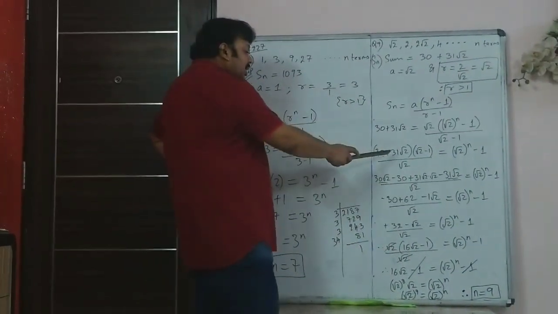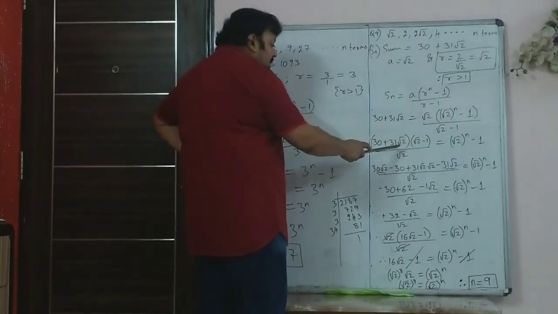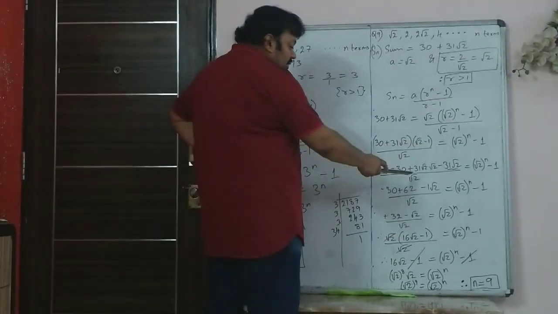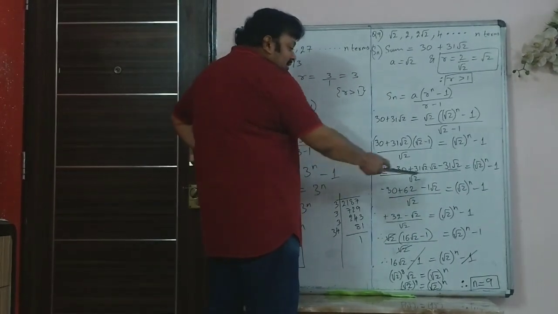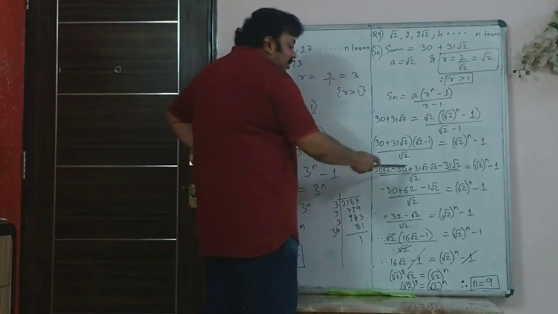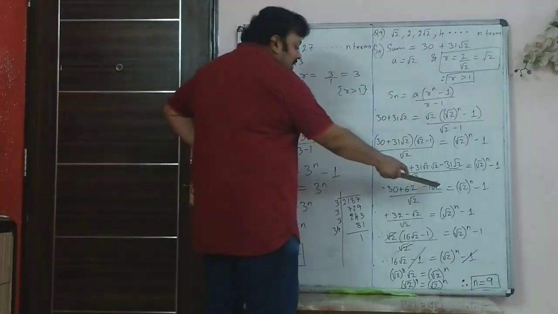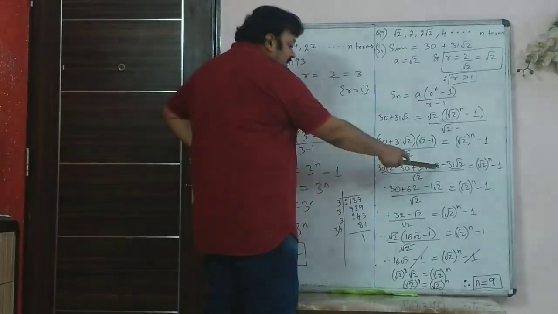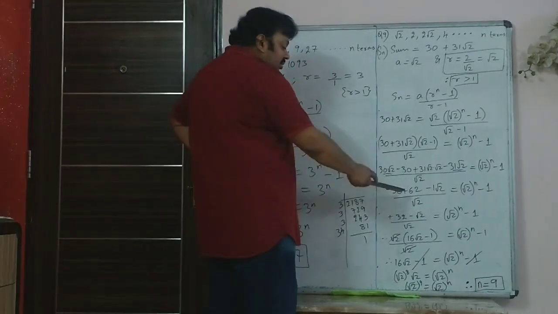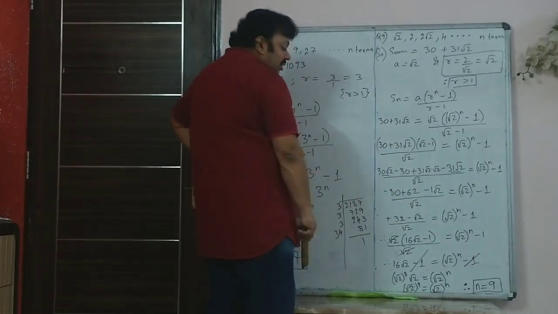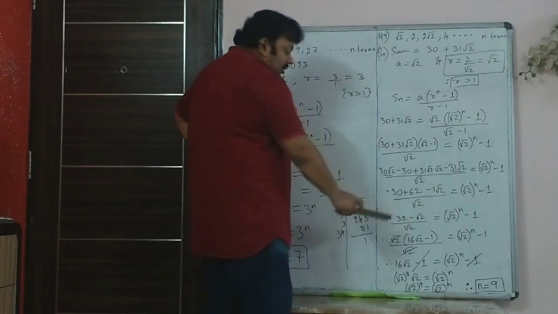These two are root 2 terms, so I have written them together. When you add them, it becomes minus 1 root 2. And when you add these, it becomes minus 30 plus 62, which is plus 32, upon root 2 minus 1 in the denominator.